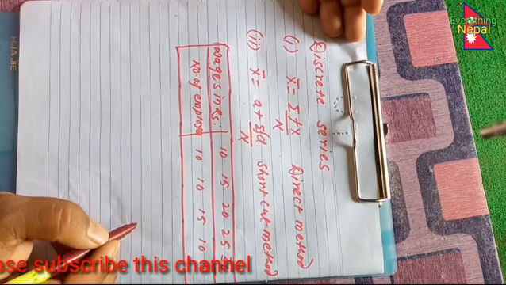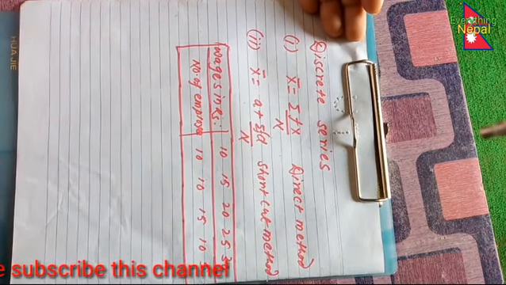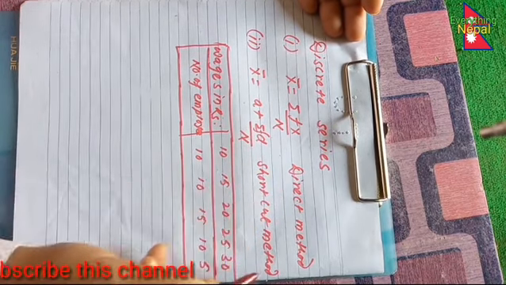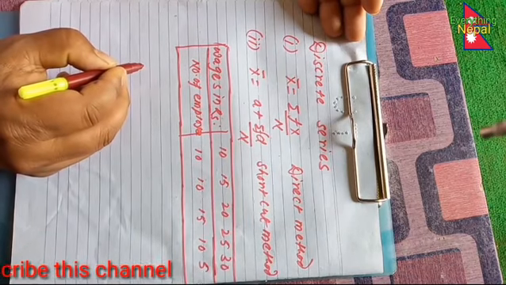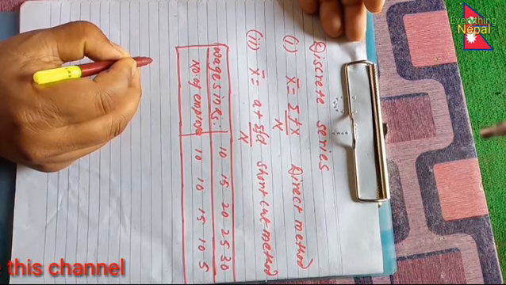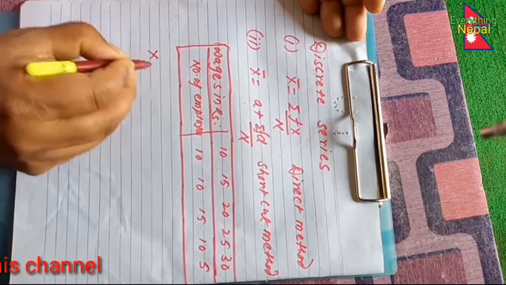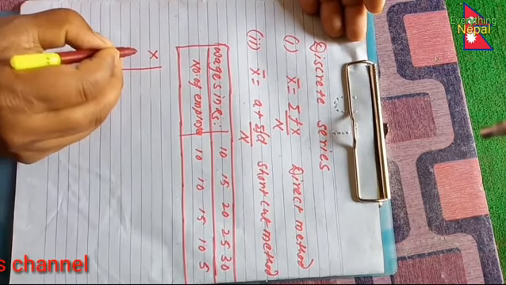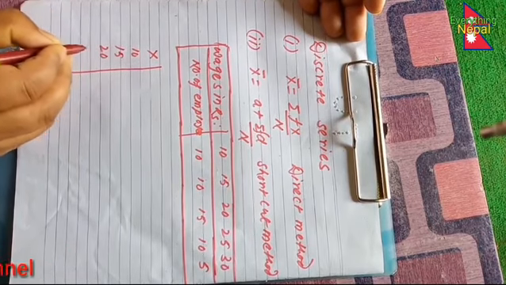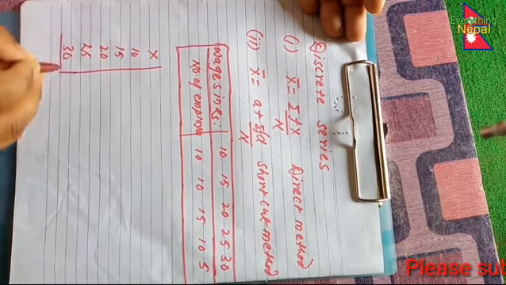So here from this example we can get the arithmetic mean by applying both these formulas, that is direct method and shortcut method. Now if you consider the number first formula, that is direct method, then x is 10, 15, 20, 25 and 30.